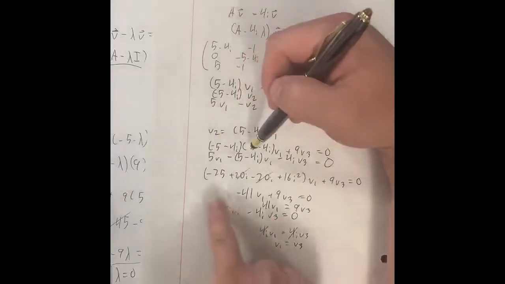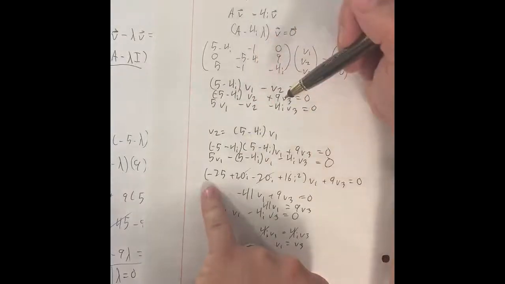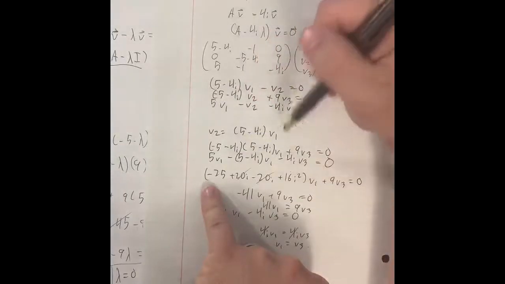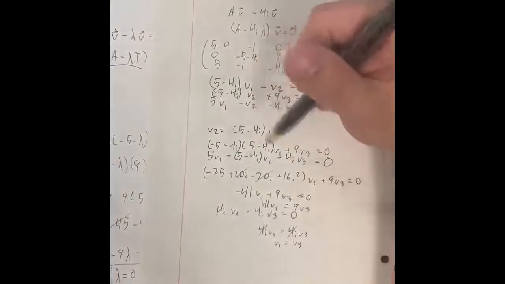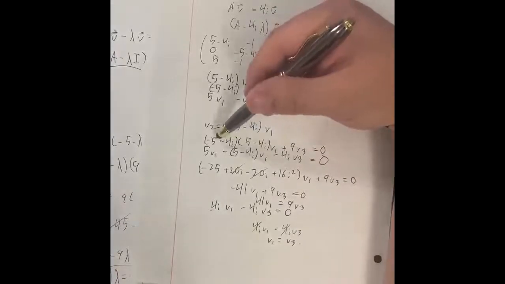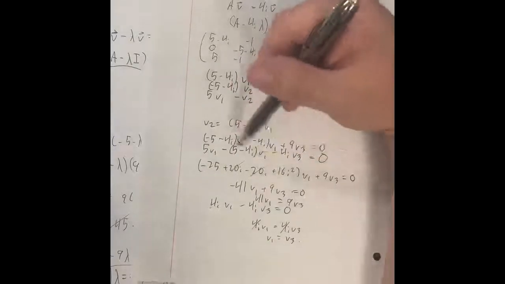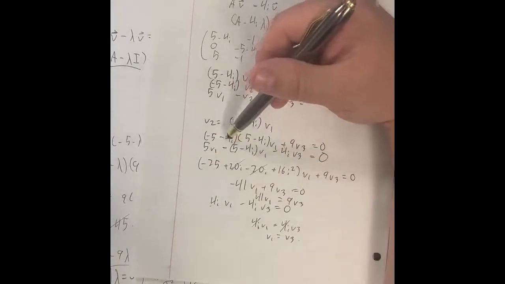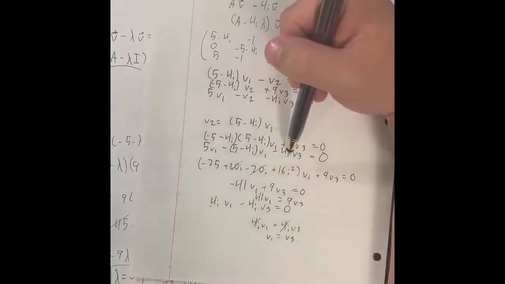So we got minus 5 times minus 5, minus 5 times 5 is negative 25. And then we have plus 20i minus 20i. So that should always happen, canceling. And then we have minus 4i minus 4i. So negative times negative is positive, and the i squared makes it negative again.